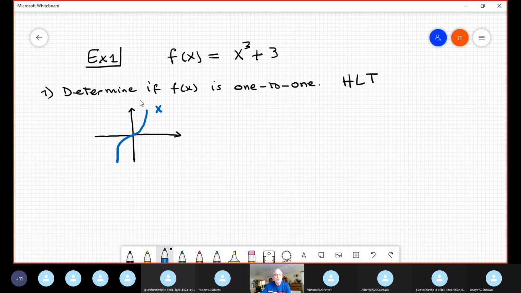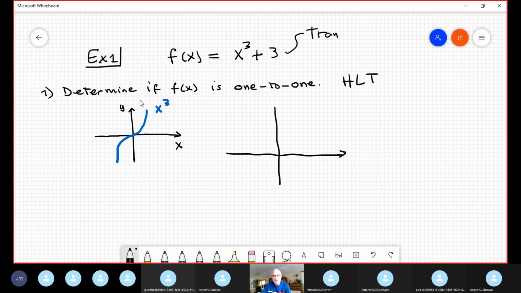But this is a family of the cubic function because we have a vertical shift. So we have some translation, vertical shift, 3 units. So the transformation in this case specifically is vertical shift 3 units up, right?